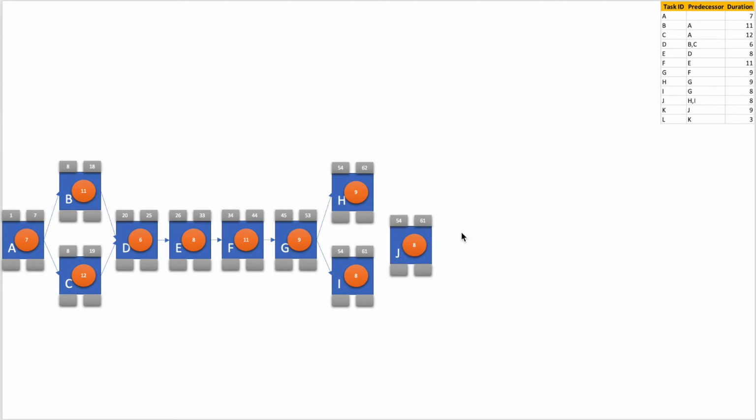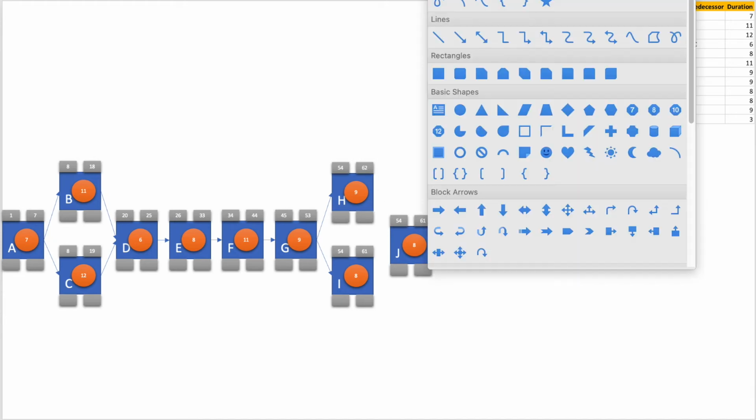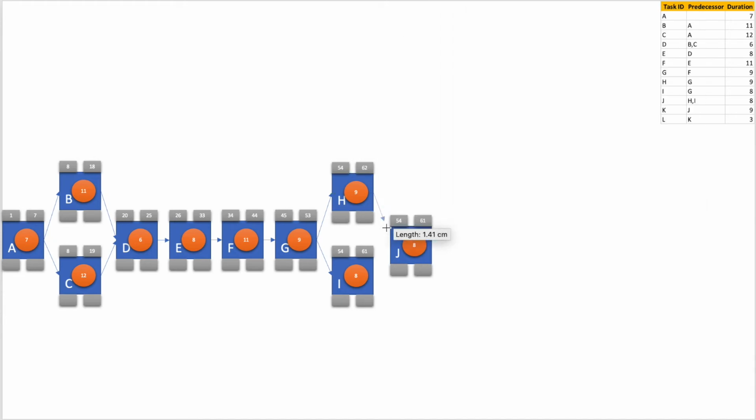So the early start will be the one which is greatest of the end date of activity H and I, that is 62 plus 1, 63. So first, let's make the link. So this will be 63. 63 plus 8 is 71 minus 1, 70.